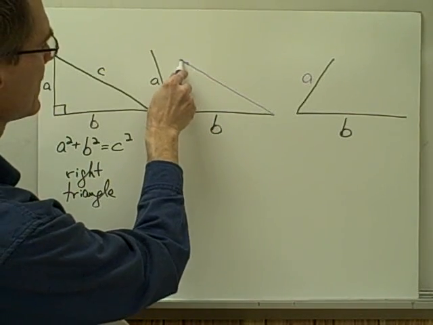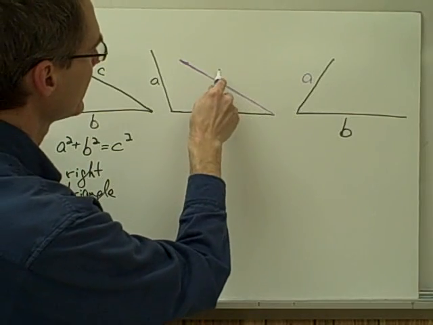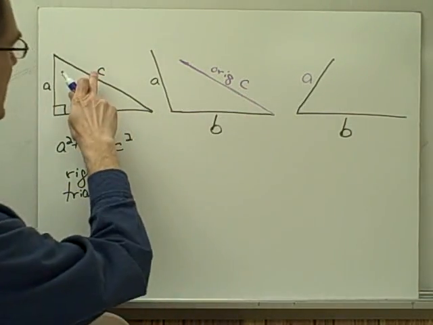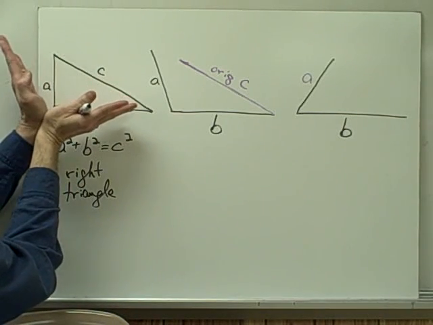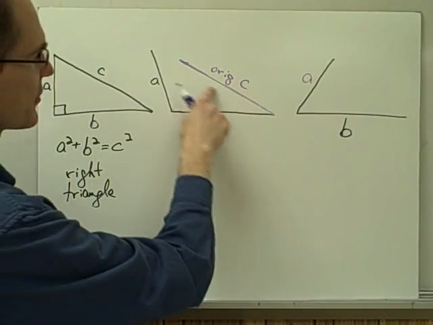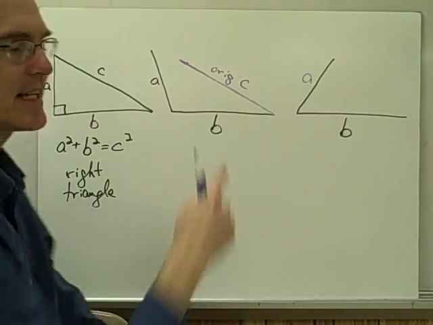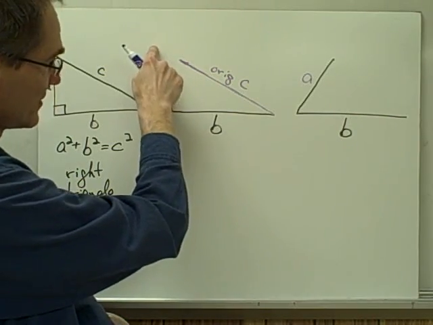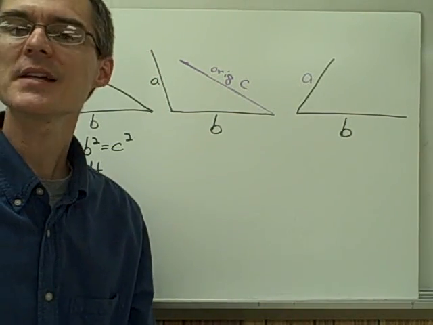Well, let's say this length right here is my original length C. Well, notice as soon as I make this an obtuse angle, this third side, my side C, it no longer reaches to the other side, to this corner up here. It doesn't make a triangle anymore.